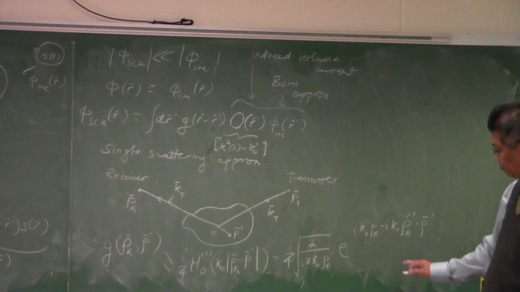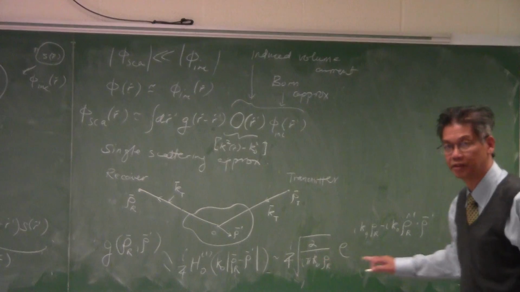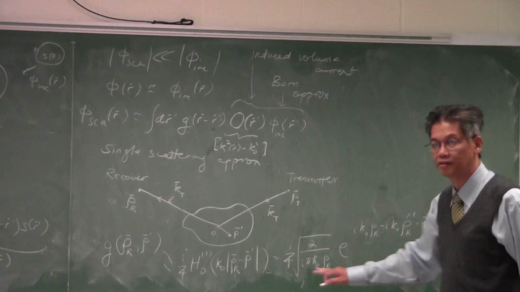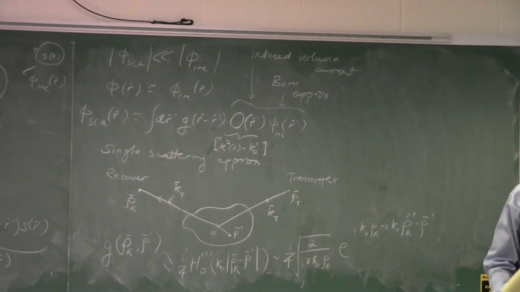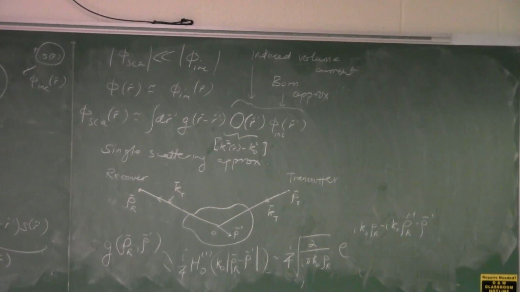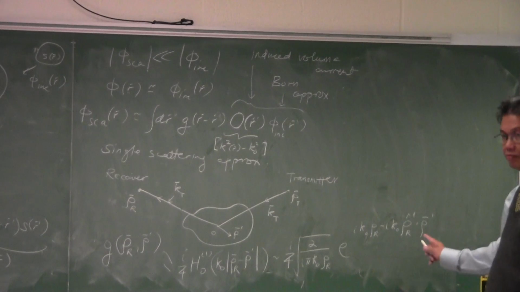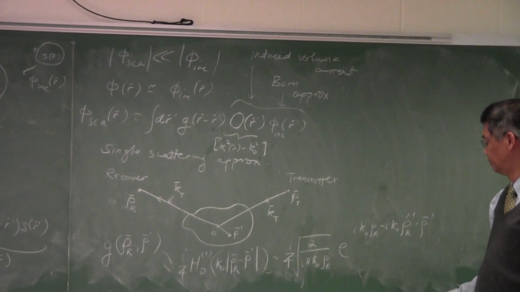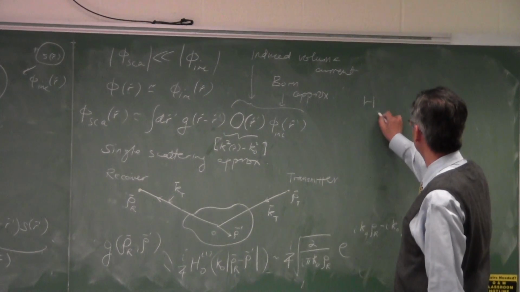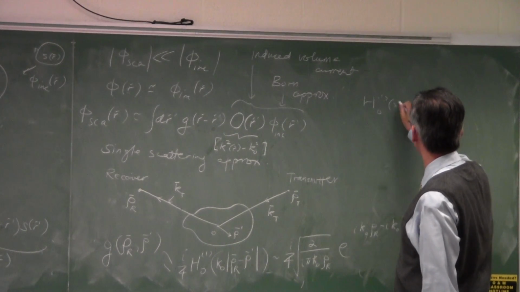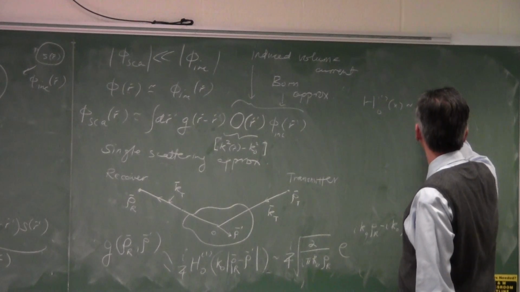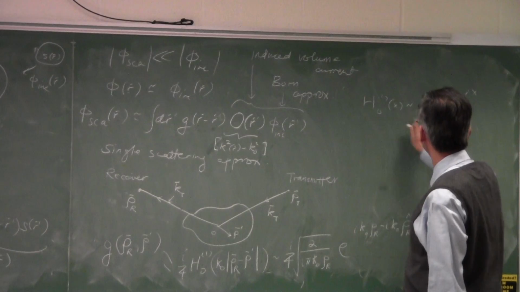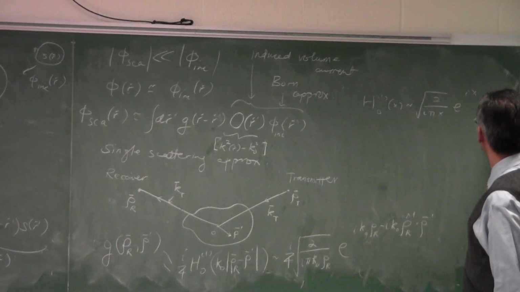Okay. Do you know how to make this approximation, or do I need to go over it with you once again? Going from here to here. Everybody knows how to make the approximation. This is generally called a far field approximation. And what you do is that you use the fact that the Hankel function of x is square root of 2 over i pi x e to the i x when x is large.